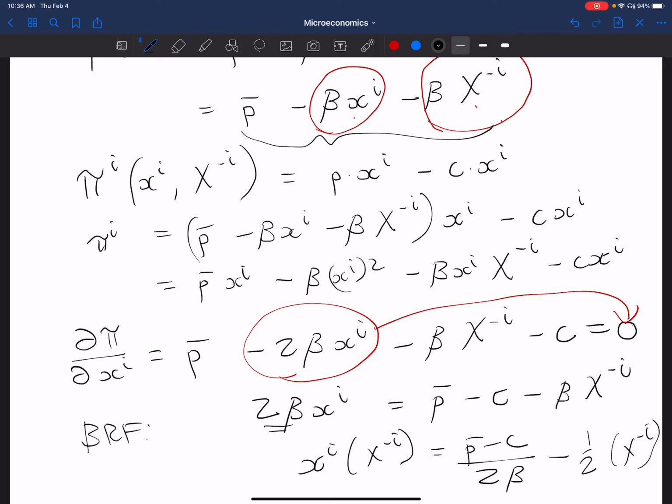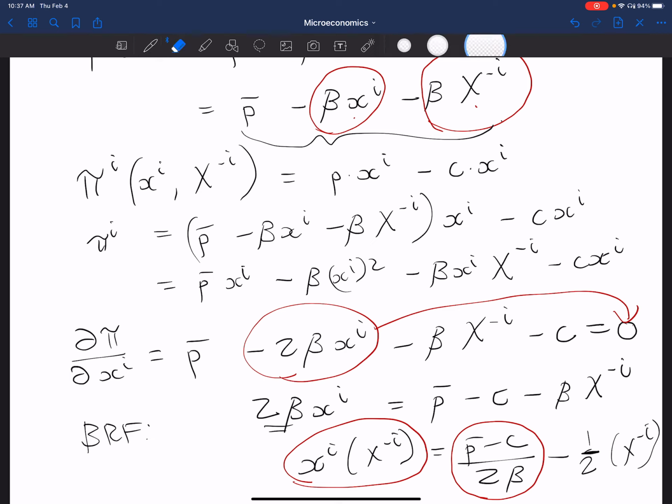What we're seeing here is that the best response for firm I to the output of all other firms has a component which is very similar to what we saw previously with just 2 firms. This first term should be familiar, P bar minus c over 2 beta. But in the second term on the right-hand side, we subtract 1/2 times X minus I, the output of all other firms.